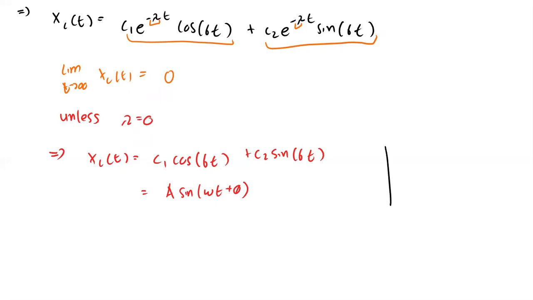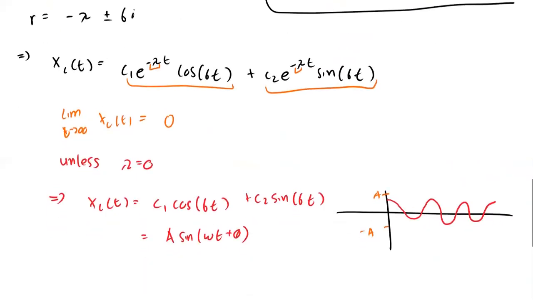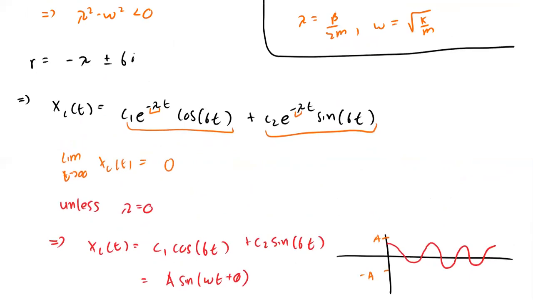So if I were to draw a graph of that, let's say positive A is here, negative A is here. Depending on the initial conditions this might look some certain way, let's say we start down here, but eventually it should start bouncing infinitely between A and negative A. So what I'm trying to say is that even though when we have damping we still have oscillations, since we're still losing energy, those oscillations eventually go to zero.